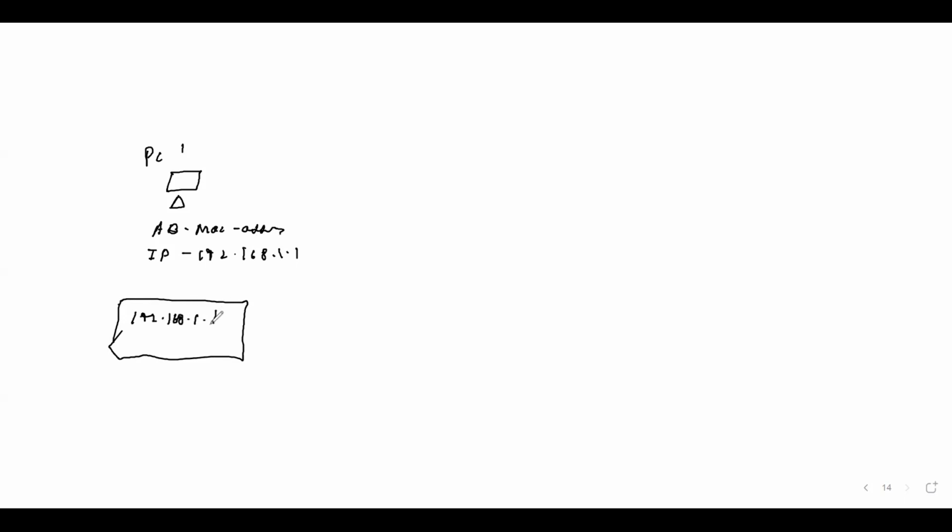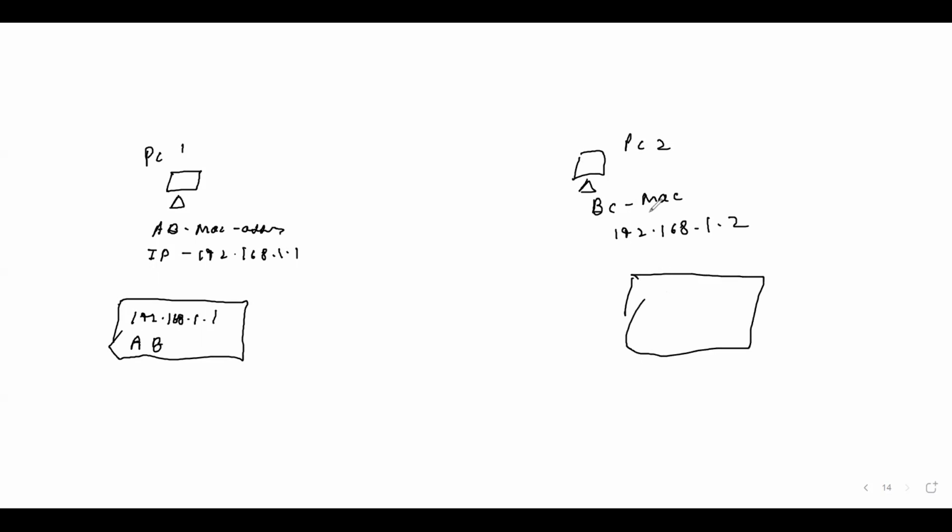And AB is my MAC address. Same for PC2: this is the BC MAC address and the IP is 192.168.1.2. So PC2 also has a table. Suppose PC1 has only the MAC address of PC2 in its table.